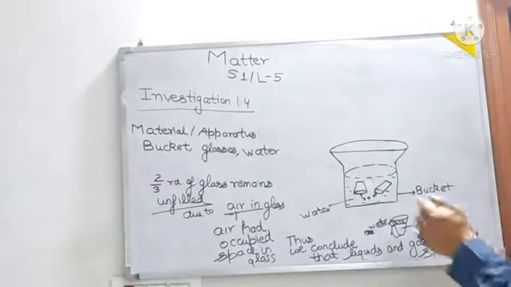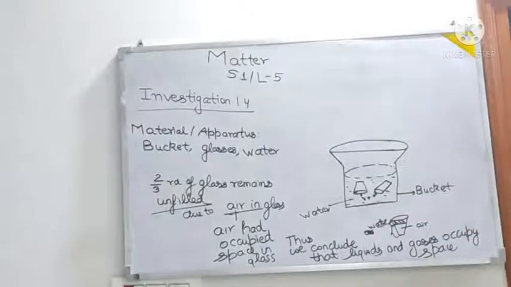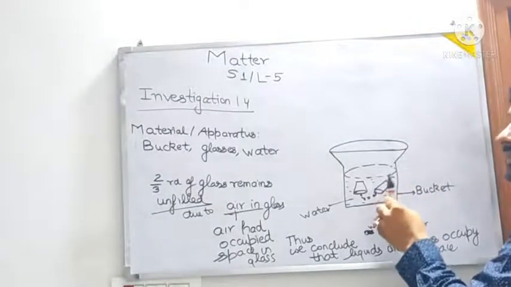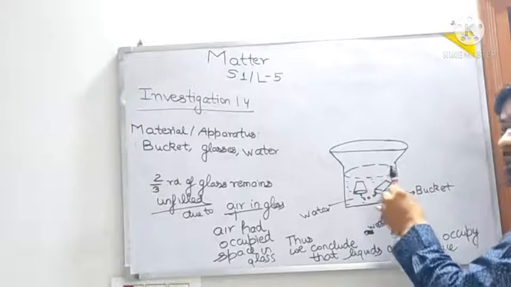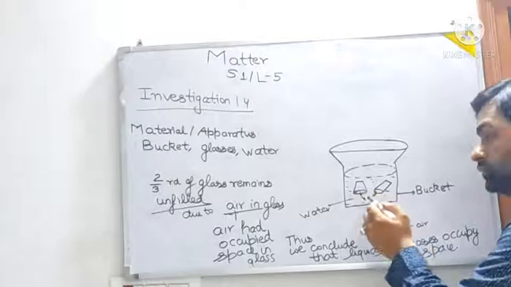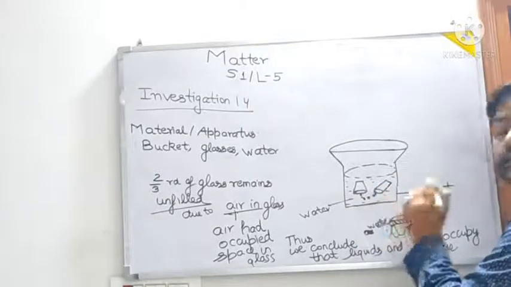Then what you have done, we have taken another glass and then that glass also you have brought in a similar fashion only, in the vertical only. Okay, and then what you have done? No, that glass is vertical only. The first glass you have tilted. And since you have tilted the first glass, air from the first glass will move out, and that is collected in the second glass.